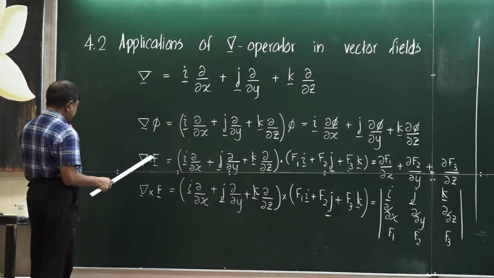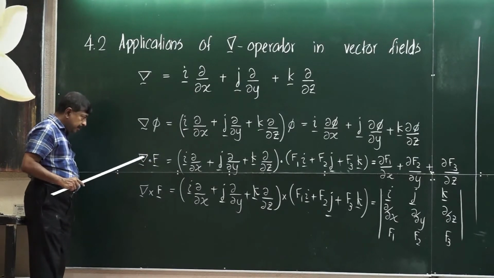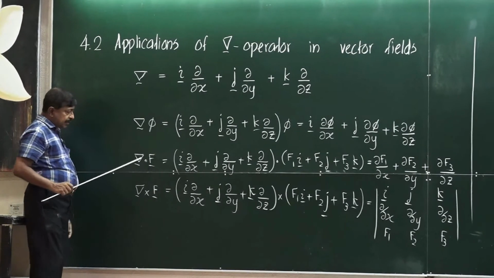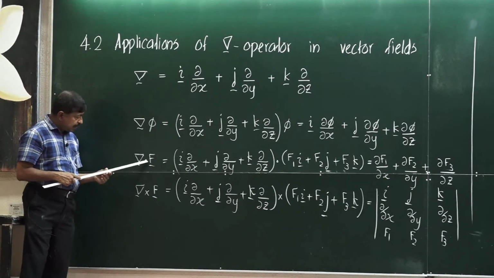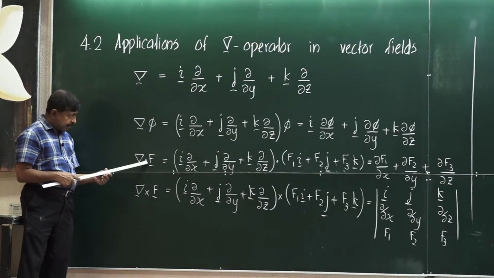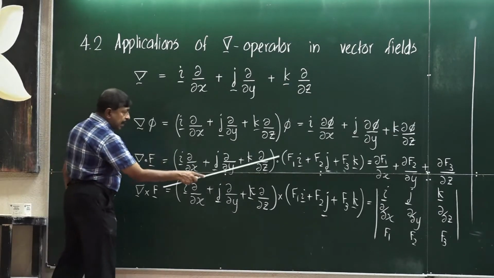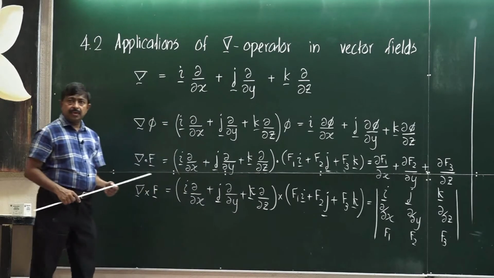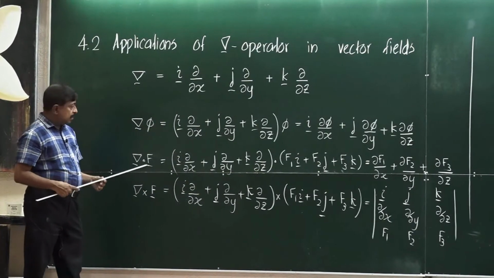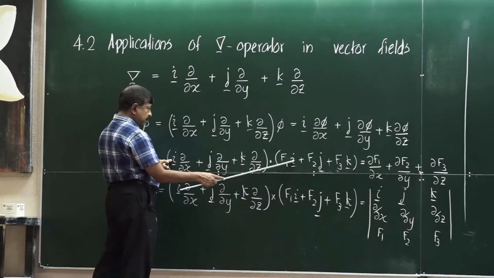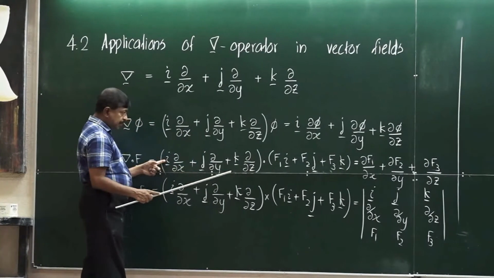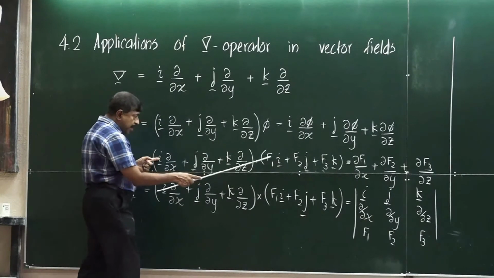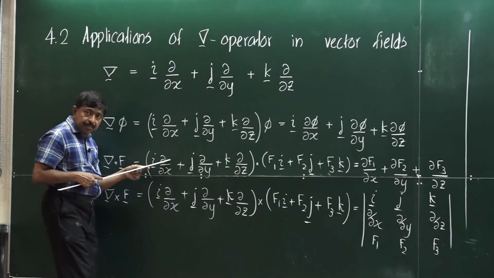Next, the grad operator. We will operate this with a vector field, so that the operation is a dot product. So, this is your grad operator dot the vector field. Now, here you simply take the dot product. You know i dot i is 1, but i dot j and i dot k are zeros. Therefore, you simply operate these two, it will be 1, and F1 falls into this trap here.